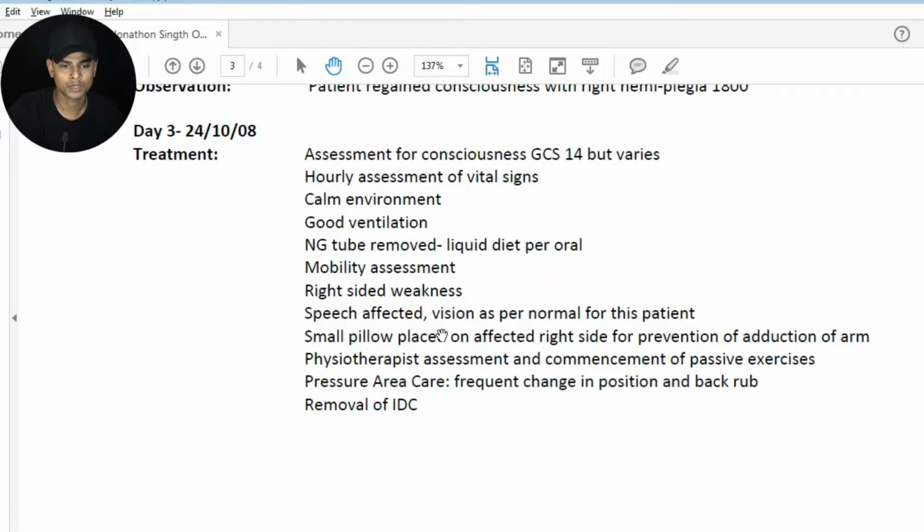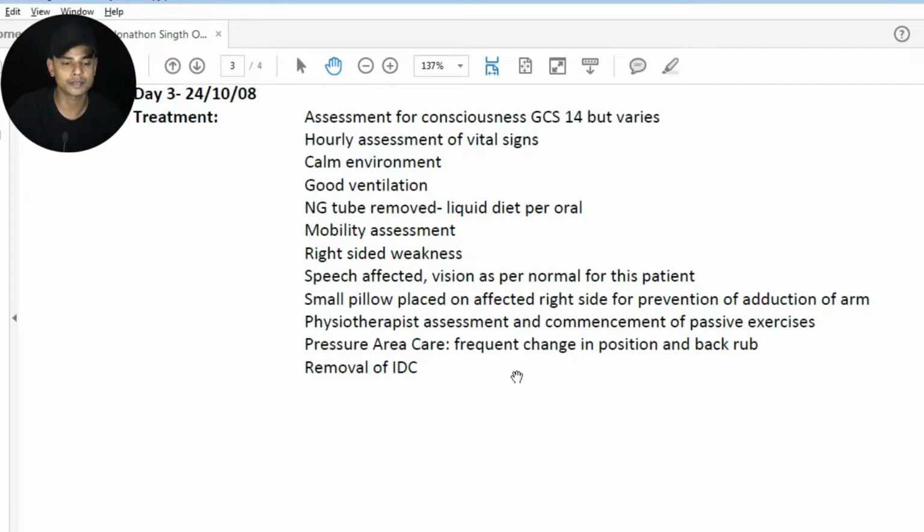Then his speech is impaired. Vision is fine. Small pillow was placed on affected right side for prevention of adduction of arm. Physiotherapist assessment and commencement of passive exercise. That's new there. Pressure area care.